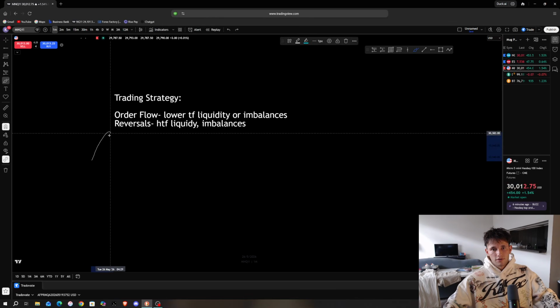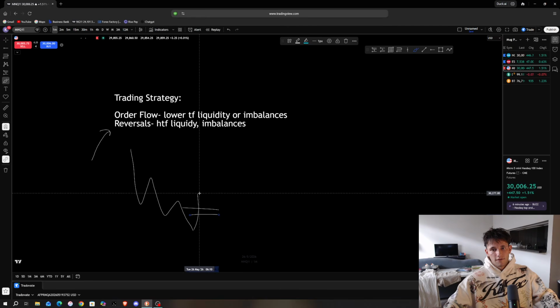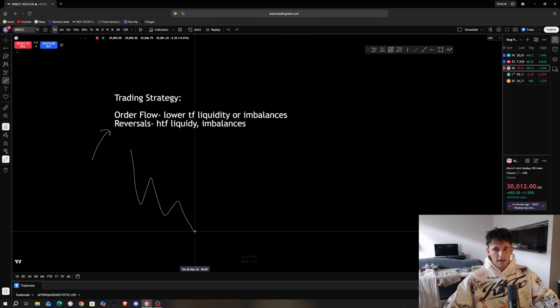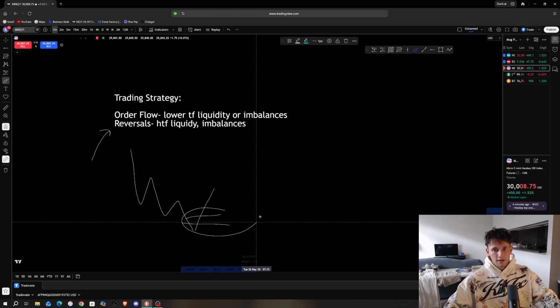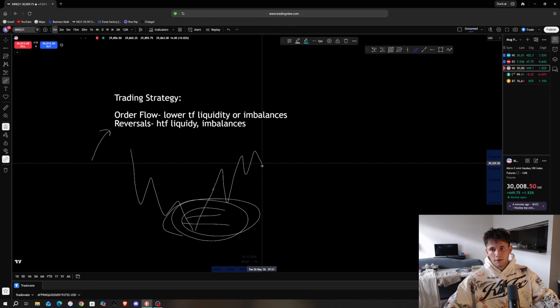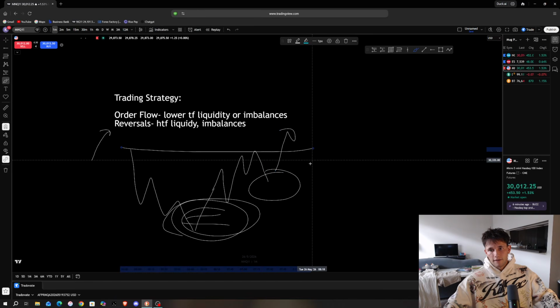But reversals, flowing like this, and I'm wanting to take the first inverse to the upside, right? So I'm catching the trade down here in this area. Instead of order flow, I would catch it like here to here, right? If this was the target.